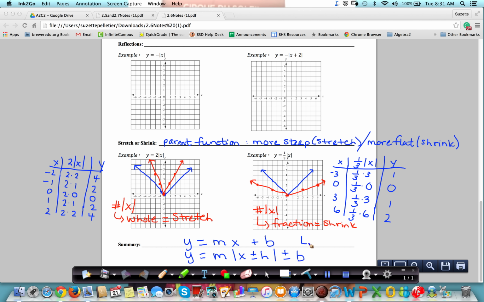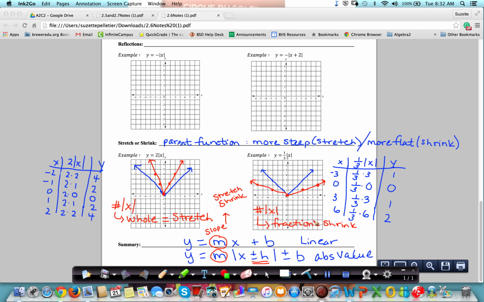This is linear, and this is absolute value. So what I want you to remember are these things. Slope is just like stretch and shrink.